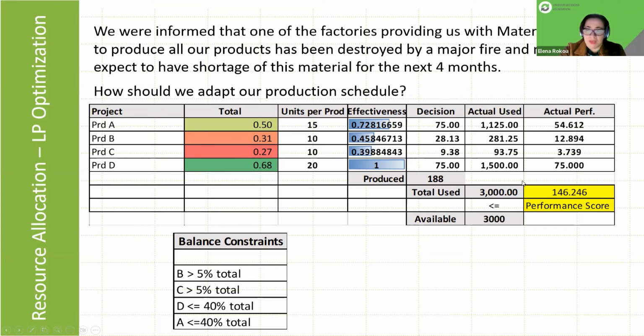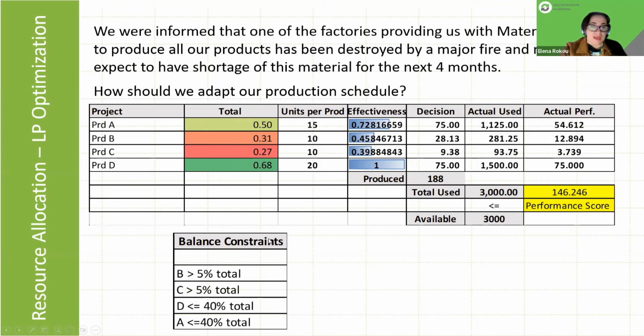And my major and primary constraint is that the total units of material X that are used needs to be less than or equal to the total units of material that I'm expecting to have available.